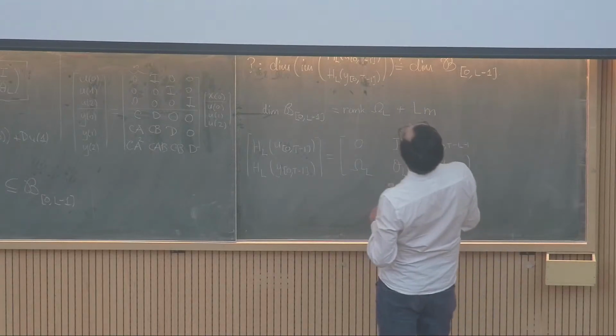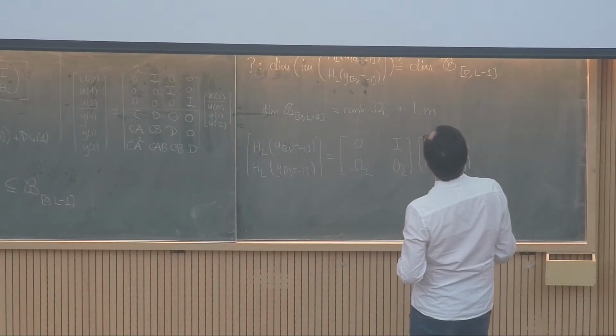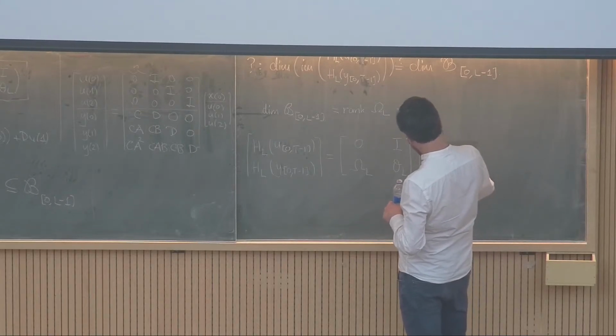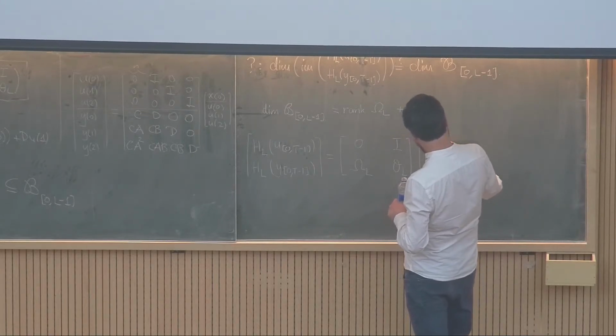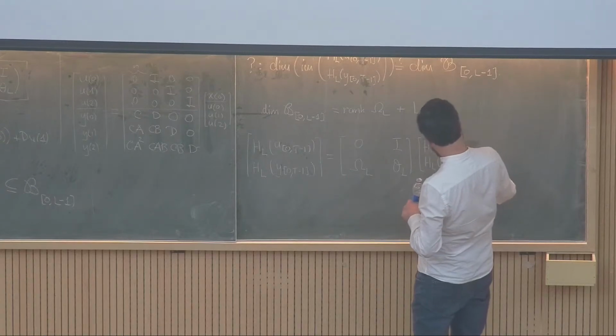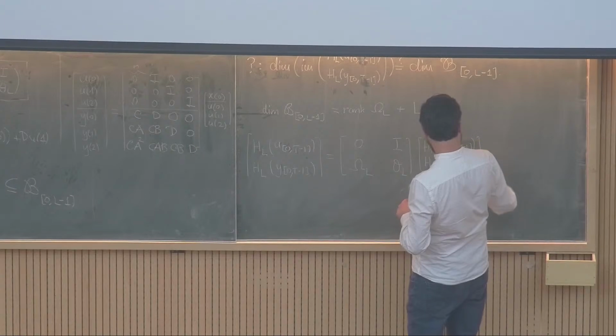Hankel L. Hankel 1, okay, that's a better notation. Hankel 1 of x 0 t minus L. Okay?